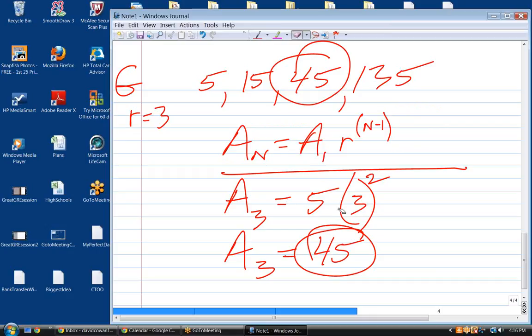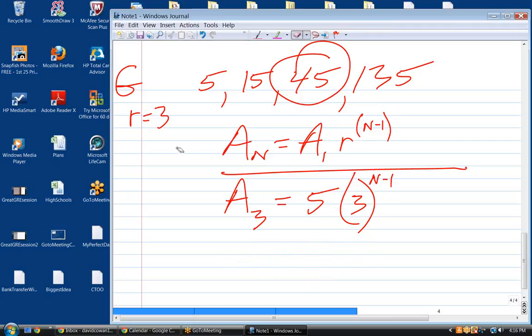Since we know this, then really my explicit formula is that right there. This is the general explicit formula for a geometric sequence. This is the specific explicit formula for this geometric sequence.